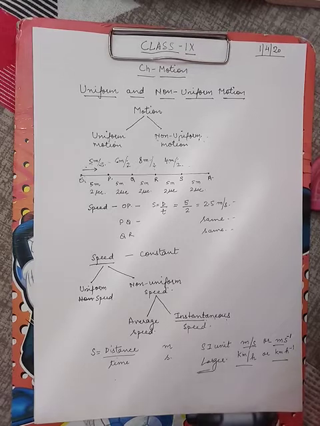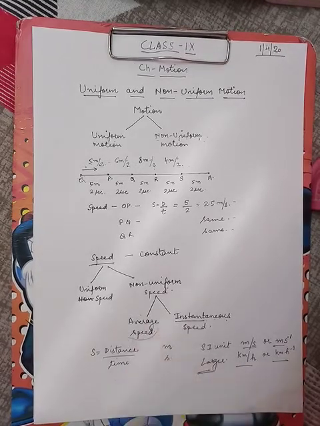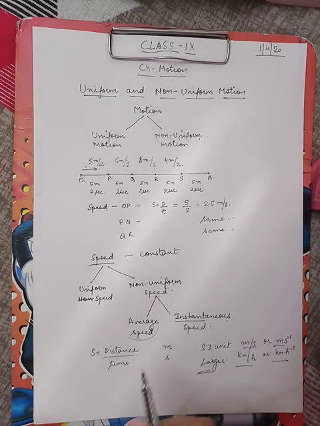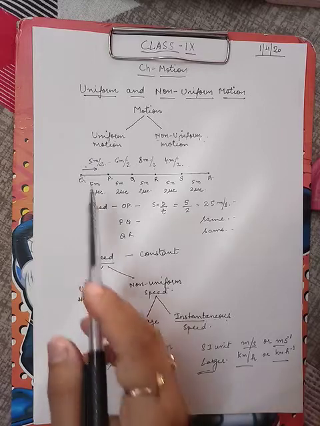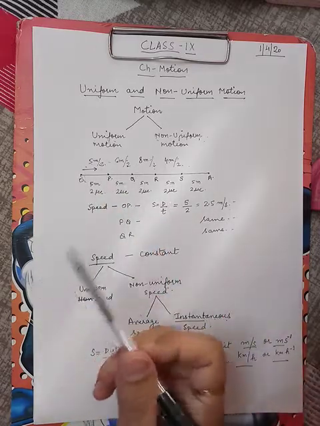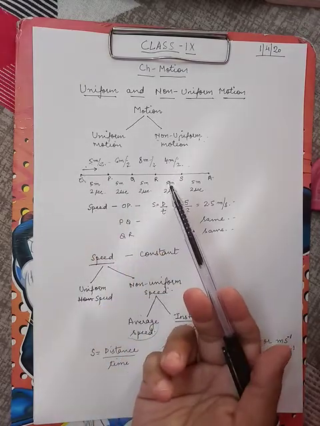Now we have the formula for average speed also in your syllabus. How to find out average speed? We cannot easily find the average of many values. If we have 4 values, we can add them and divide by 4, that is a simple method.